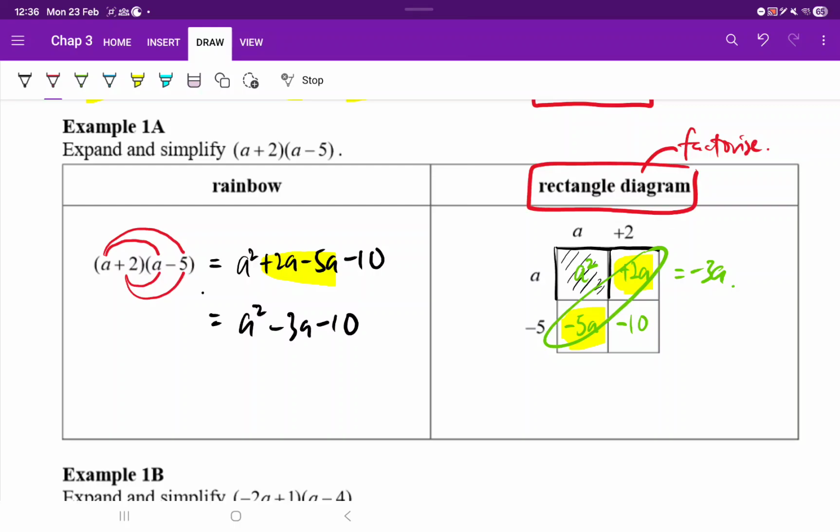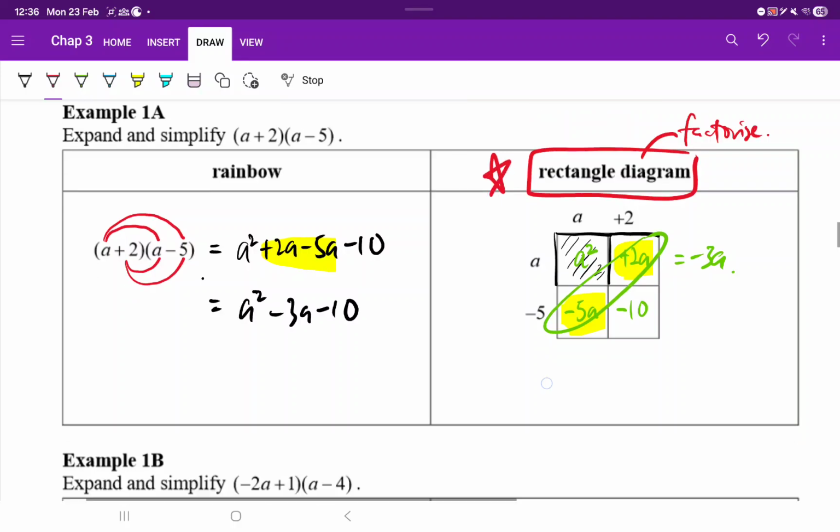In my opinion, it is the one thing that you learn that can do 2 things. Quite useful. If not, you have to learn one way to expand and then another way to factorize. I personally like to learn one thing and do 2 things at the same time. So that's why I always recommend the rectangle diagram. But that's for a later part.